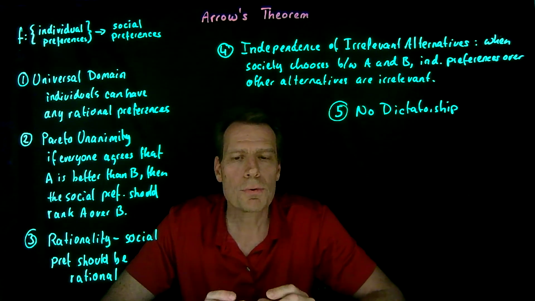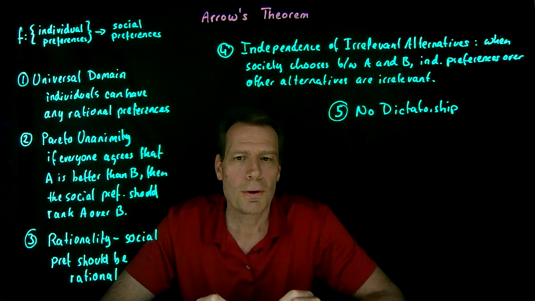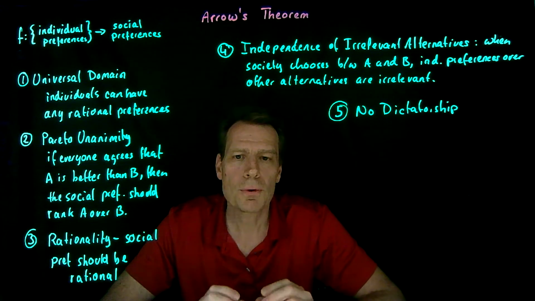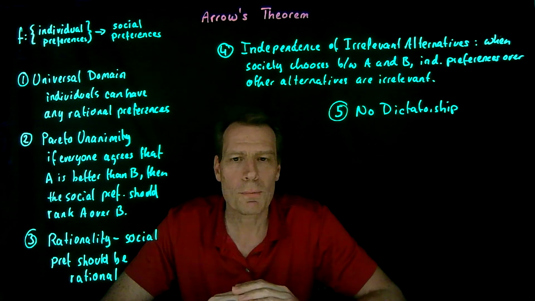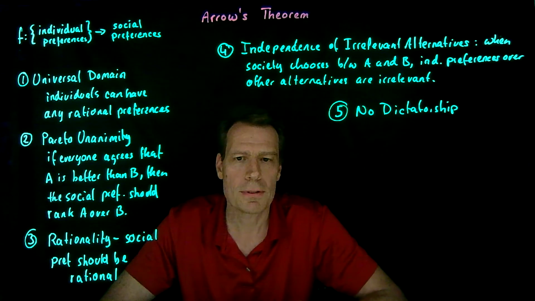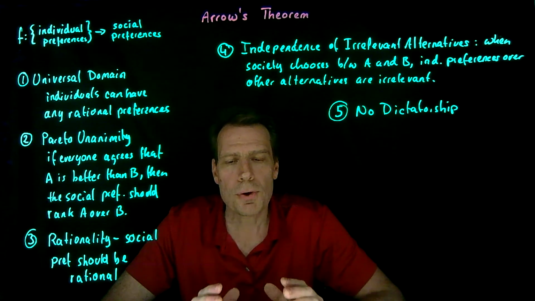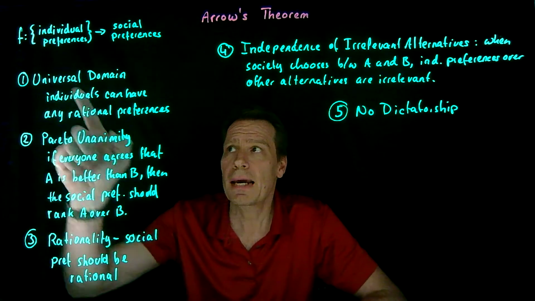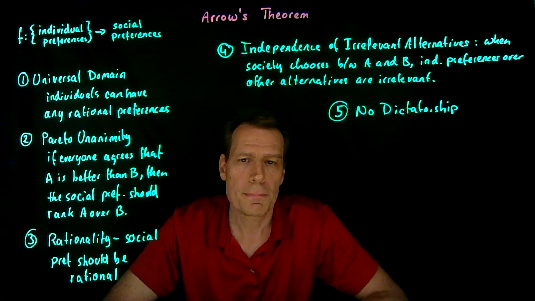He said we don't want an individual who disagrees with everybody else to always get his way. We don't want someone who, no matter what other people's preferences are, always gets his preferences to be the social preferences. We want a democratic process, at least to some extent. So those were the 5 conditions that he said should be met by any social choice function.